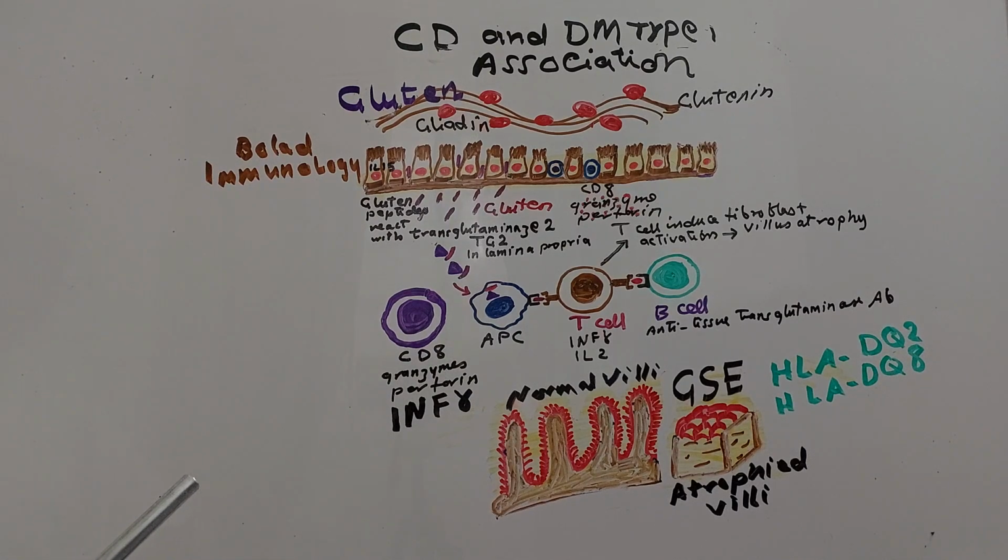So celiac disease is a common cause of chronic malabsorption in children and is characterized by mucosal damage, as can be seen here.